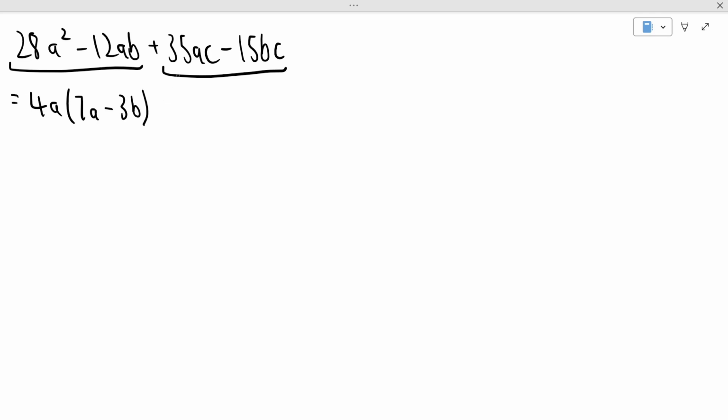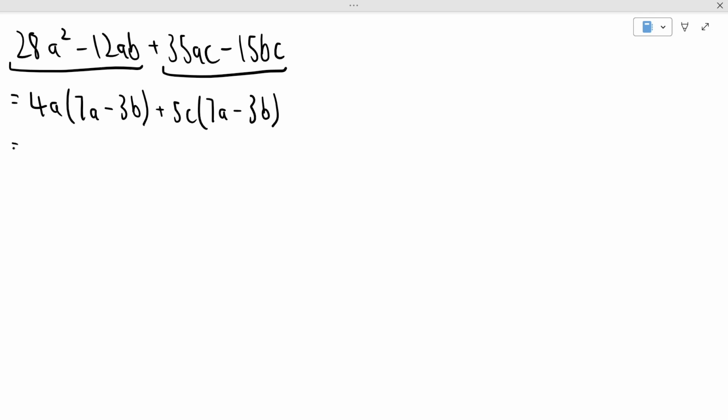So we'll move on to our second group and take out the greatest common factor from both terms in the second group, which is a 5c, and 35ac divided by 5c is 7a, and negative 15bc divided by 5c is negative 3b. So now we can see that in both terms in this sum, they both have a 7a minus 3b in common.